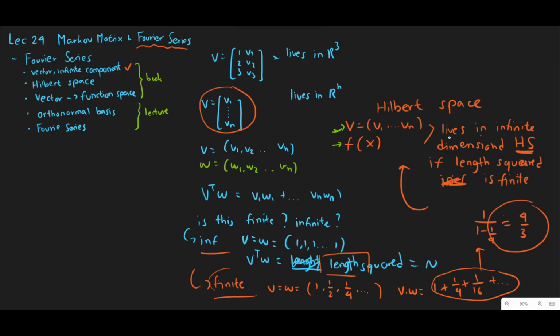Okay, so let me underline those two things. Again, these vectors and functions are infinitely long, right? But the length of them is finite. Then we can say that that vector or that function lives in our Hilbert space.